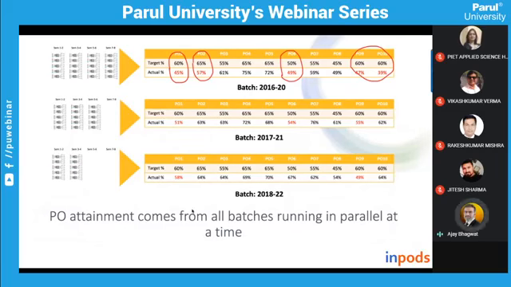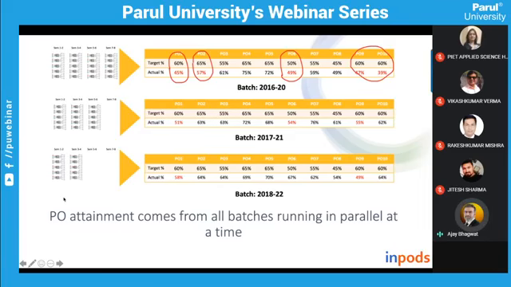So now, if you further zoom out and take yourself 10,000 feet on top, you will see that there are multiple batches now running in the college, and some of the batches have finished 3 years, but the 4th year data is yet to come. And the latest batch would have completed 2 years, and the data for the 3rd and 4th year is yet to come. And the batch which was just admitted this year may not have any data, right?